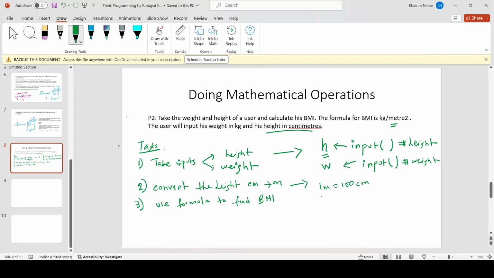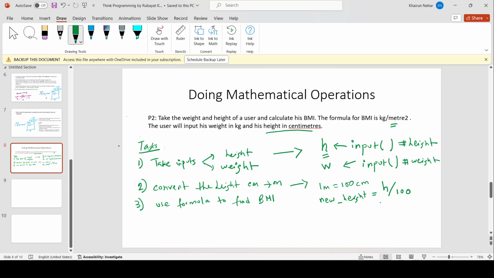So let's take a new variable and let's call it new height. And inside this variable, we will save the converted height. And that is basically h divided by 100. And this sign slash is used as a division sign.